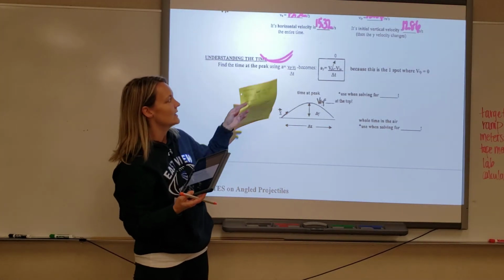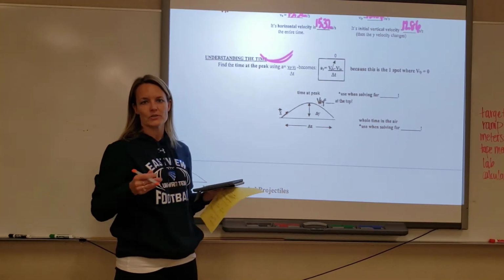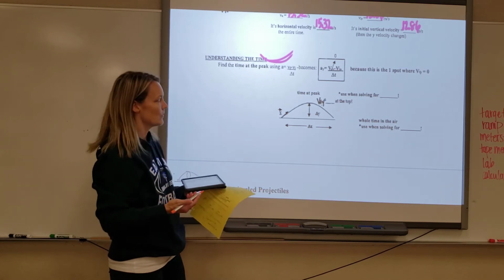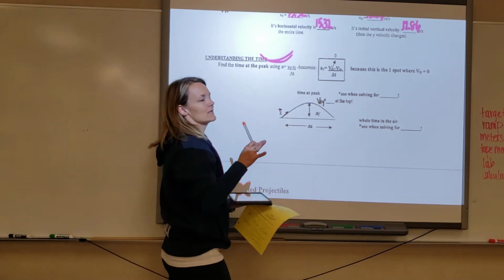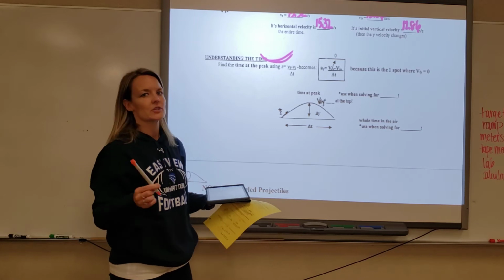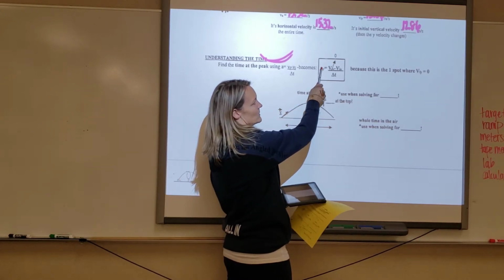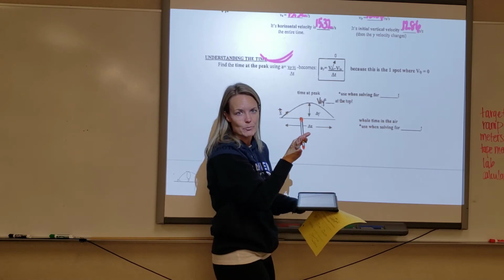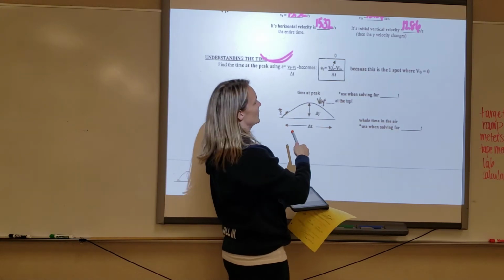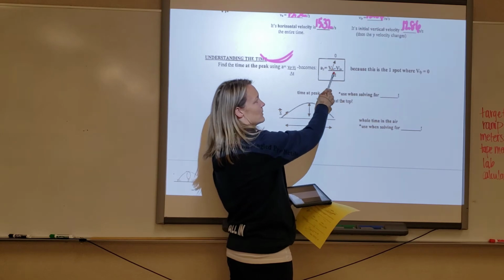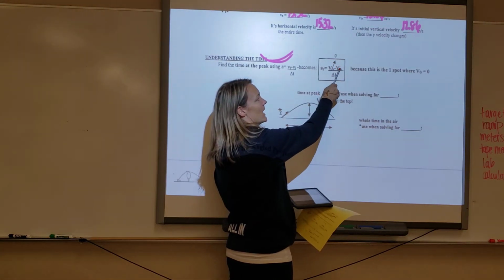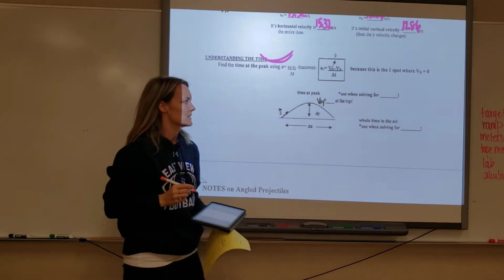We can use that to find time. It's going to become a third equation that we can use to help us find different variables. The only problem is it only works in the y direction. So we're just going to put little y's behind each of the different variables. Acceleration becomes ay, always negative 9.8. That's the only acceleration in the y direction. Vf becomes vfy, vi becomes viy, and then delta t remains delta t.